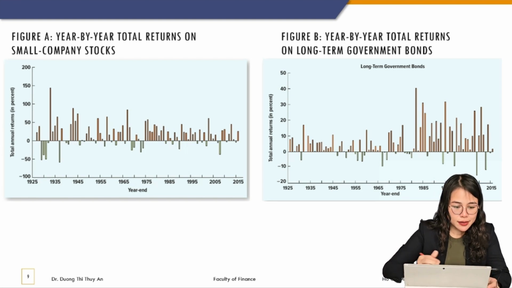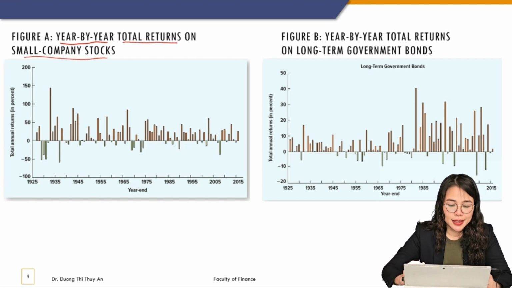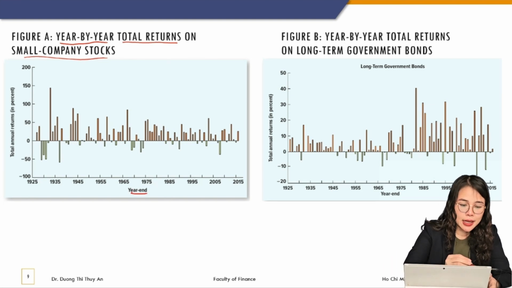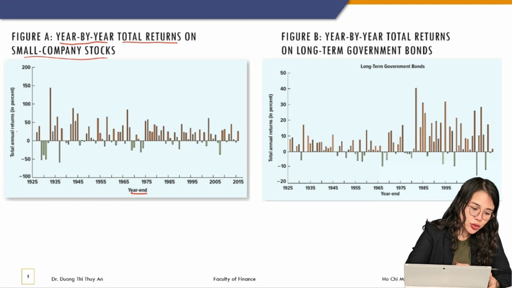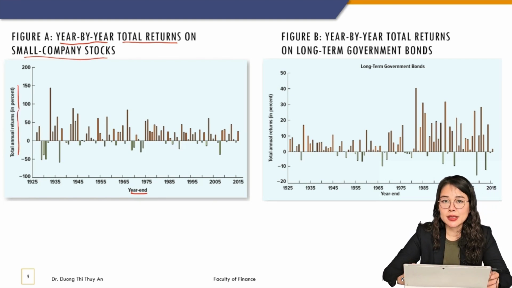This figure illustrates year by year total returns on small company stock. The horizontal axis is the time, and the vertical axis is the total annual return in percent, like 5%, 10%. That is the yearly return.